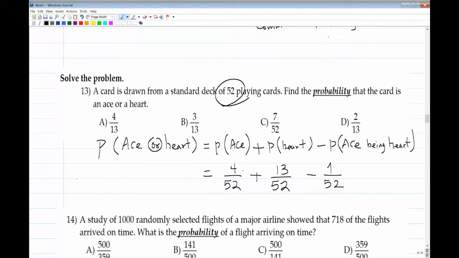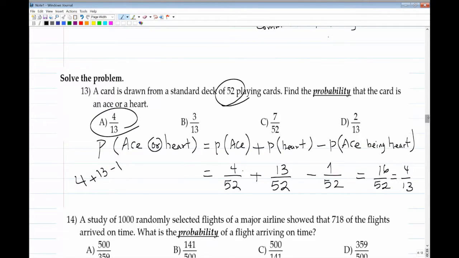Therefore, 4 plus 13 minus 1 gives me 16 divided by 52, which is equal to 4 over 13. Be careful with the or, meaning we need to use the addition rule of probability.